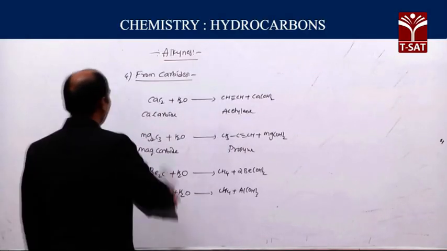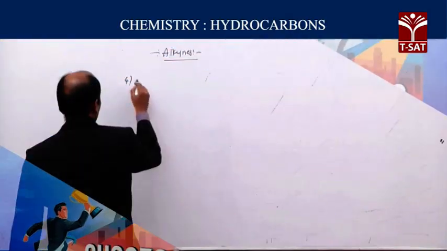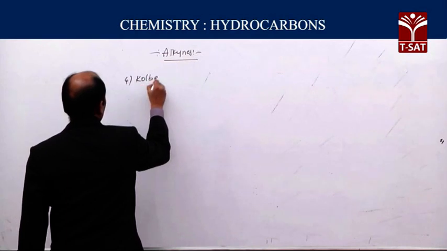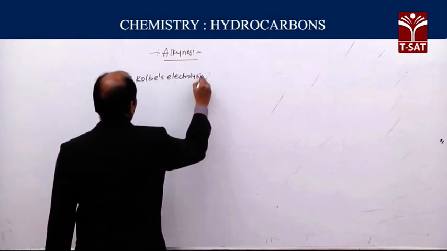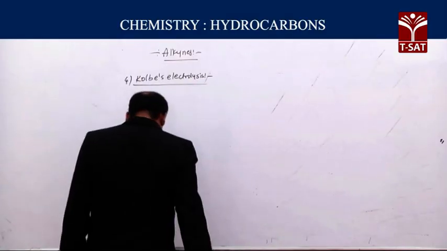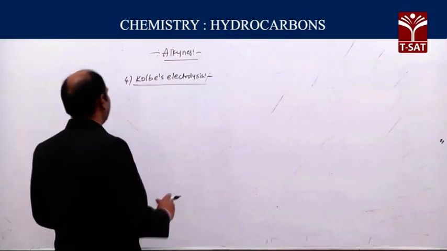After carbides, the next one is Kolbe's electrolysis, which is used for the preparation of alkanes, alkenes and alkynes.